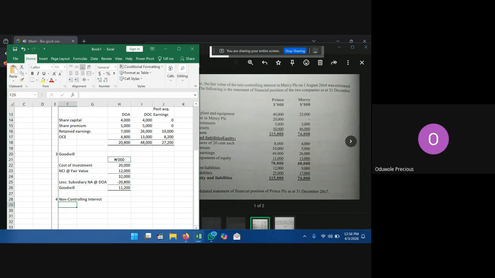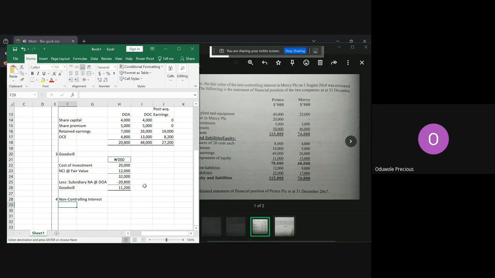NCI is the next thing. So how do you do our NCI? Like I told you before, NCI will first be this. Let me copy this here first. Whatsoever figure that is here is the first thing I bring here.